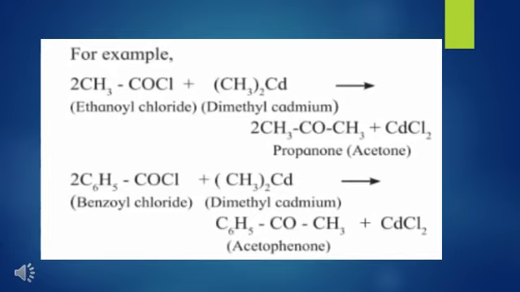This ethanoyl chloride and dimethyl cadmium react with each other and give propanone. Propanone means 2 CH3 double bond O single bond CH3. Propanone is also known as acetone, formed with cadmium chloride.